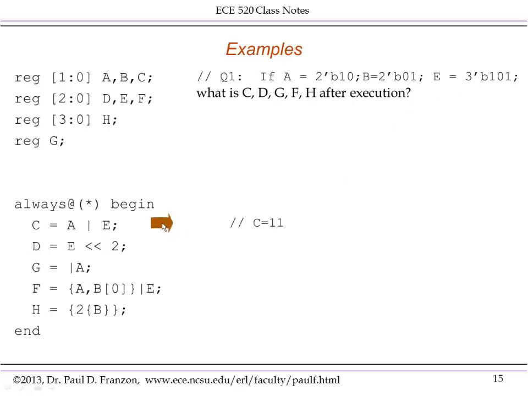So first of all, we have C equals A or E. E's 3 bits wide, so A would be expanded to 3 bits by putting a 0 in front of it. So you'd have 0, 1, 0, ORed with 1, 0, 1. The result of that will be 1, 1, 1, but C is only 2 bits wide, so we lose the high order bit and we get C equals 1, 1.